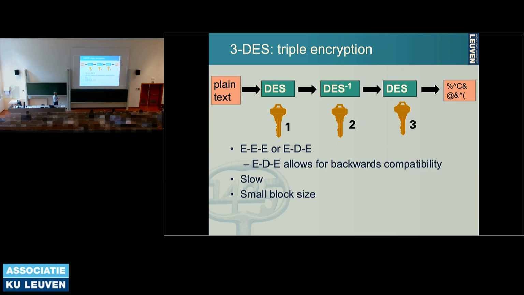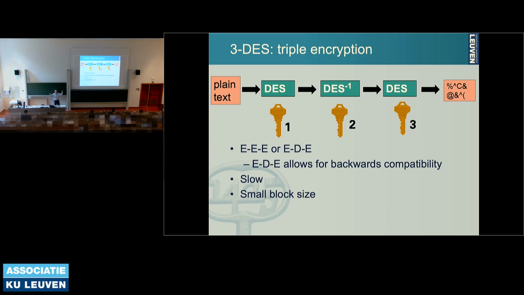The original standard left for the middle block 2 options, to put DES in forward or backward operation. If you put it backward, like it's shown on the picture, then if you choose the first 2 keys equal, these operations undo one another, and you have again the single DES operation, which you could say is beneficial during a transition period.